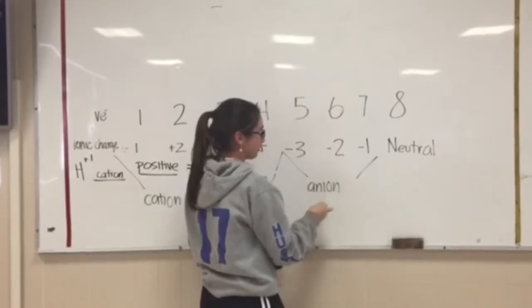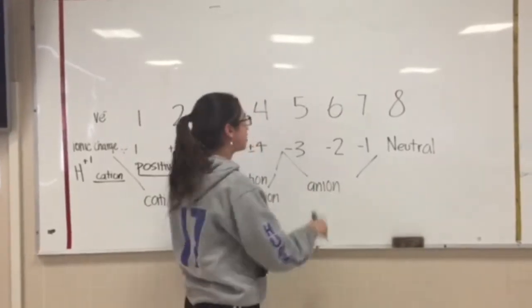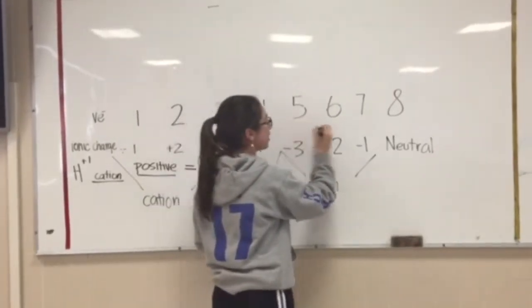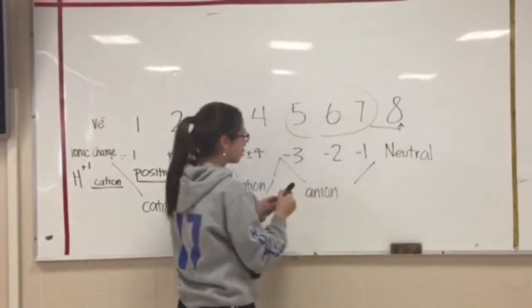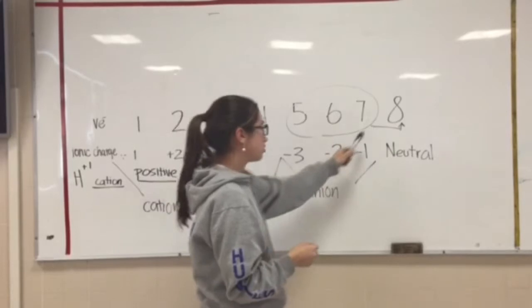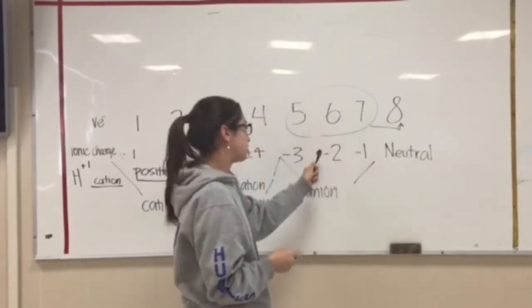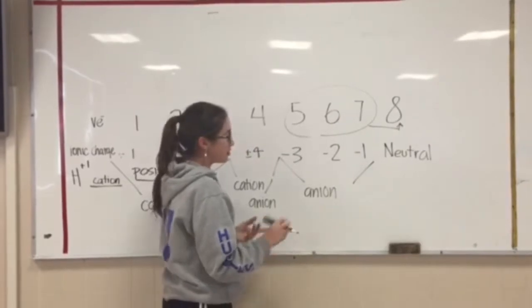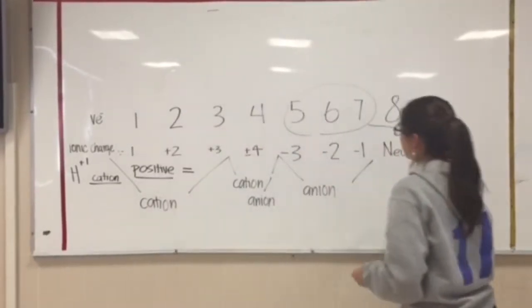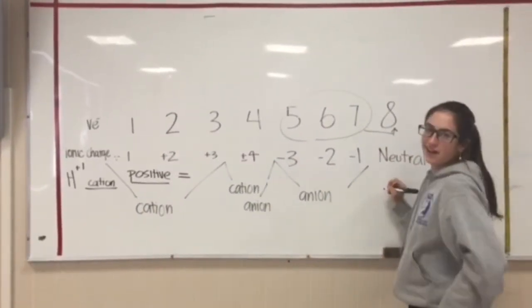And here, they are negatives. They are called anions. Just imagine that the 5, 6, 7, they all have to get to 8. So 5 needs 3 to get to 8, 6 needs 2, 7 needs 1. So just imagine your answer would be any atom.